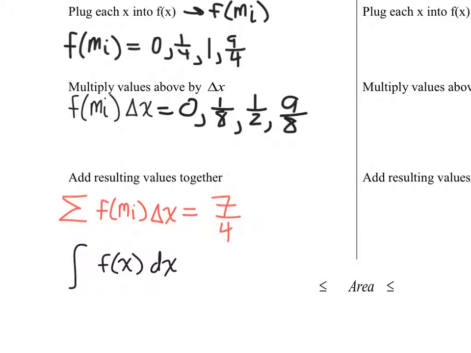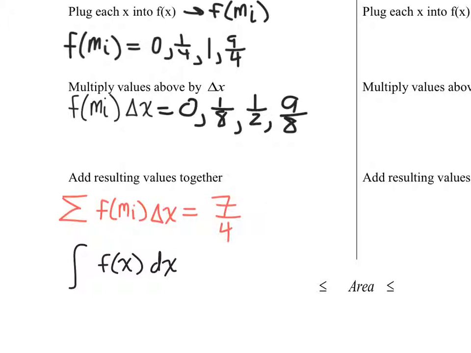Now, it's not quite the same thing because there is a limiting component involved, because this is not equal to the antiderivative of f of x dx. We know that the antiderivative of f of x dx gives us another function. It doesn't give us just a number, right? So if I said find the antiderivative of x squared, you wouldn't get 7/4 from that. You would get 1/3 x cubed, all right?